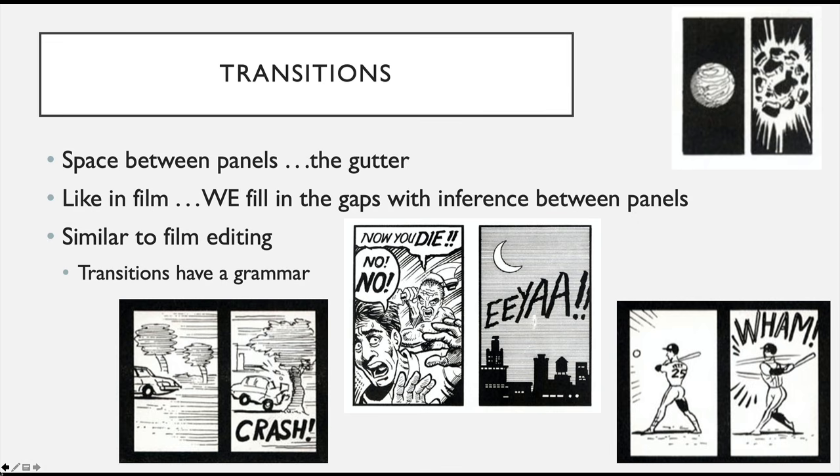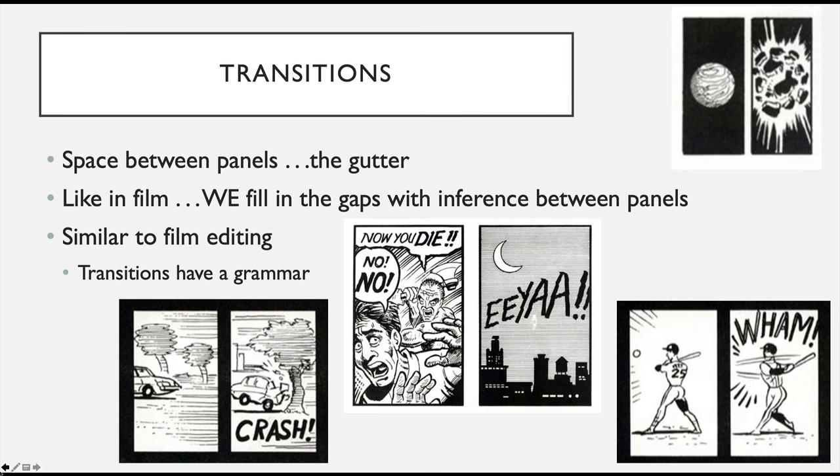And we see that same thing modeled here with graphic novels, except we're not moving at 28ths of a second. And so when we have panels and there is a gap between them, that is literally called the gutter. But our brain is going to want to fill in there and say, what is actually happening between these two panels? And so we inherently and naturally should be doing that as we are reading these graphic novels.